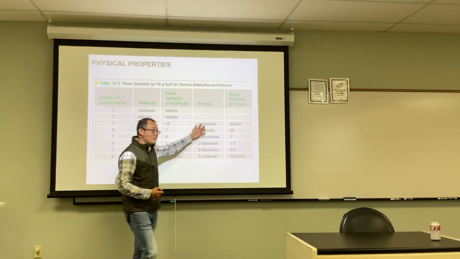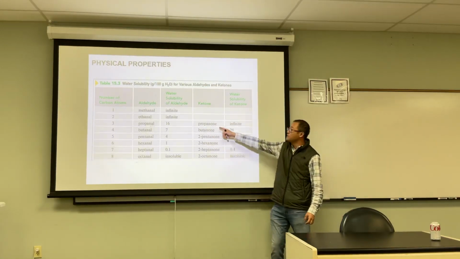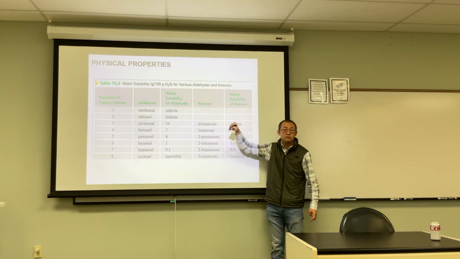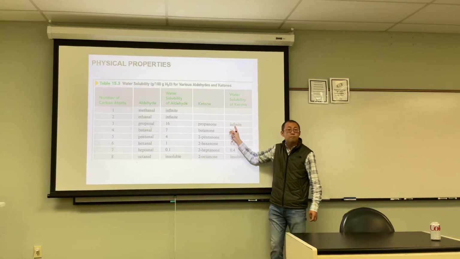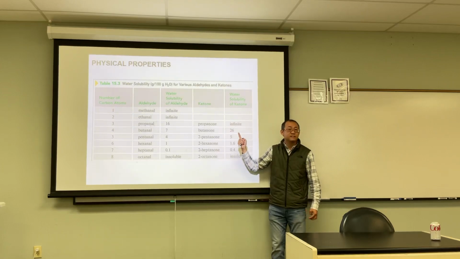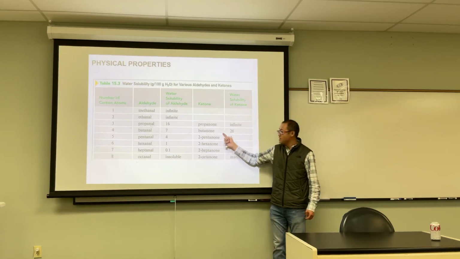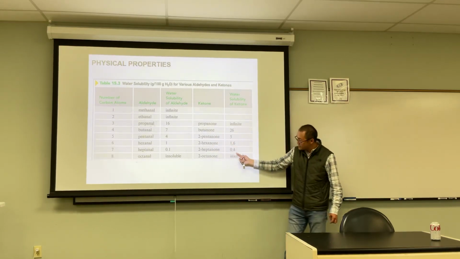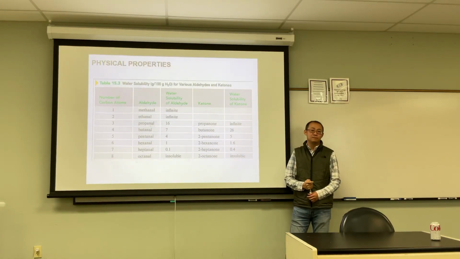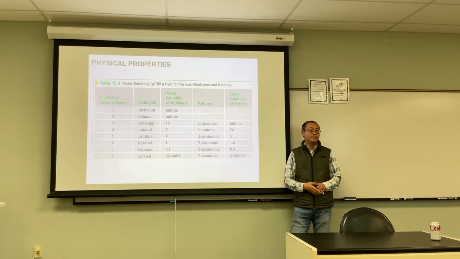On the right side of this table are ketones. Of course, the simplest ketone has 3 carbons. That's why you don't see those. The first ketone, acetone, the solubility is infinite. Move down to 4 carbons, it drops to 26. For 5, 6, 7, you can see it drops further, until 7 to 8 carbons, it drops to 0.